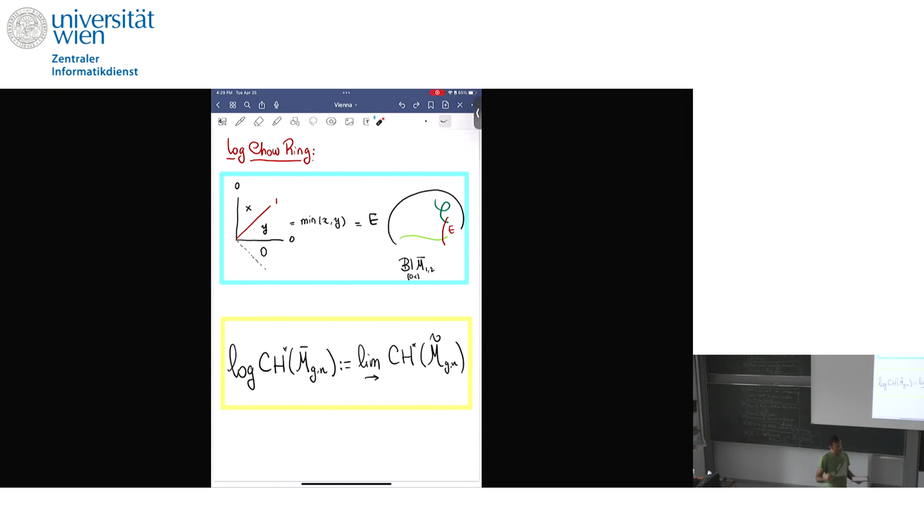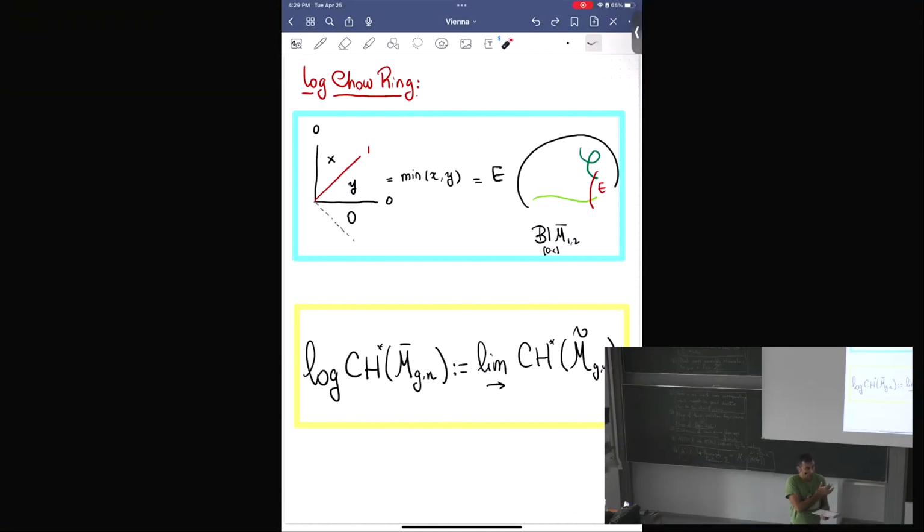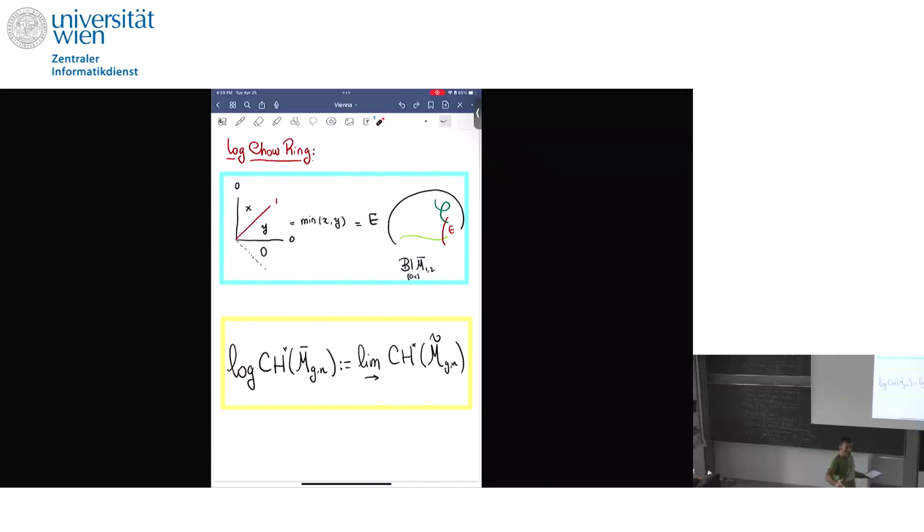And so, okay, if we want to consider all possible piecewise polynomial functions that break the cones in all possible ways and so on, and want to have a consistent theory, then we better work with the whole directed system of birational modifications of MGN bar, obtained by blowing up orbits or proper transforms of orbits, or anything that is not random, not something right in the middle of a stratum, but that behaves well with the log structure.